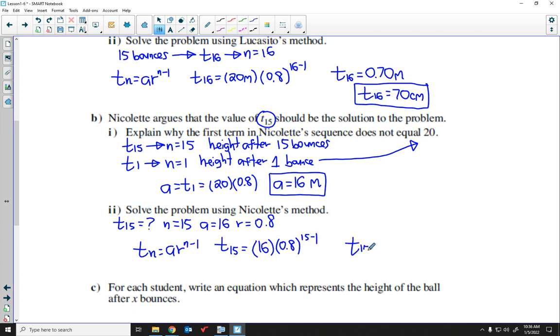And it's going to give you the exact same answer as above. So this would be 0.70 meters. And if you convert that into centimeters by multiplying by 100, not T16, T15, you'd have T15 is equal to 70 centimeters.